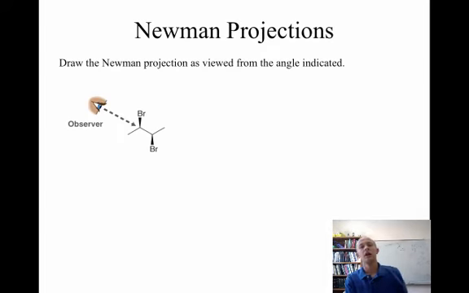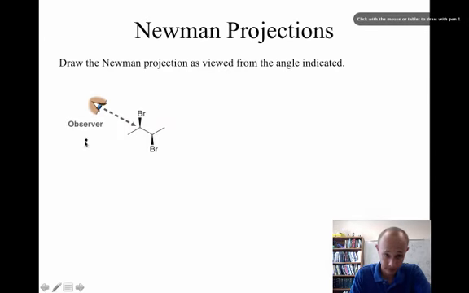So for example, let's say we had this compound, which is actually called 2,3-dibromobutane. What we've left out here is that there's a dashed bond to hydrogen that's going back here, and a dashed bond to hydrogen that's going back here. So if you're an eyeball and you're looking down this bond, what you want to do at first, like I mentioned, is draw the first carbon.